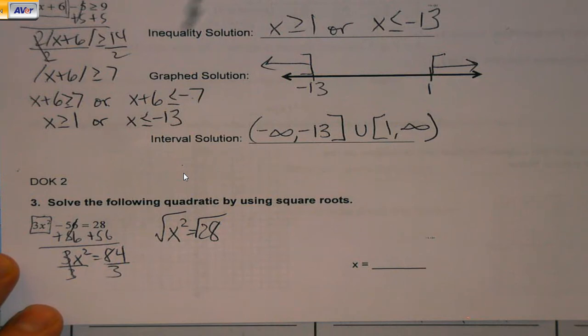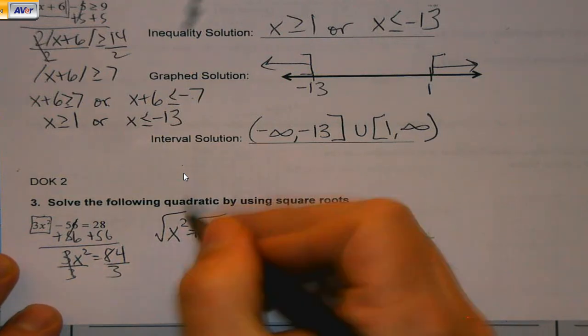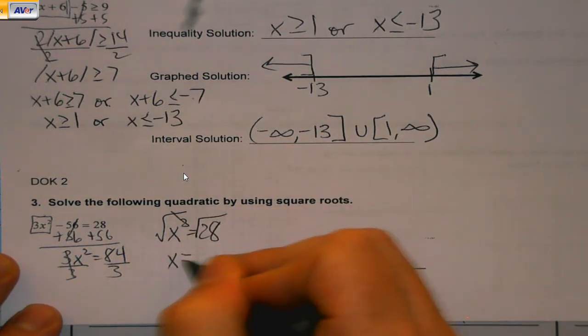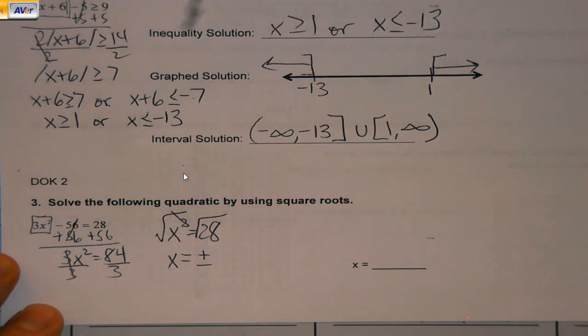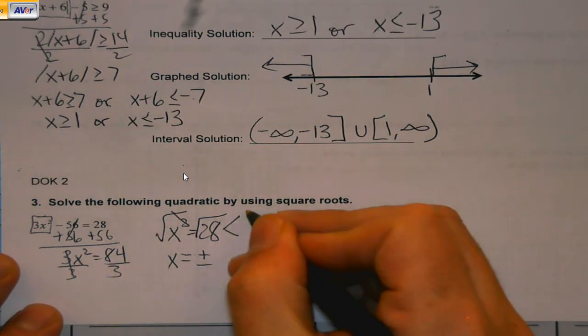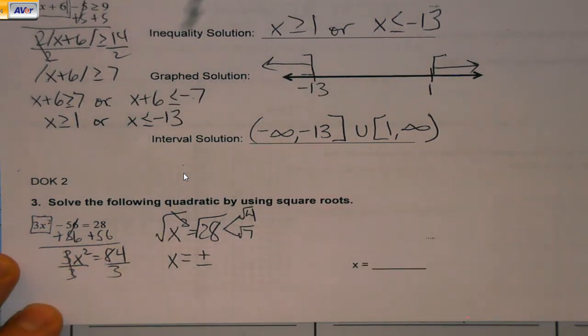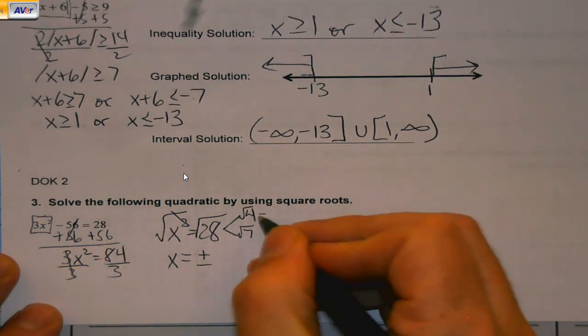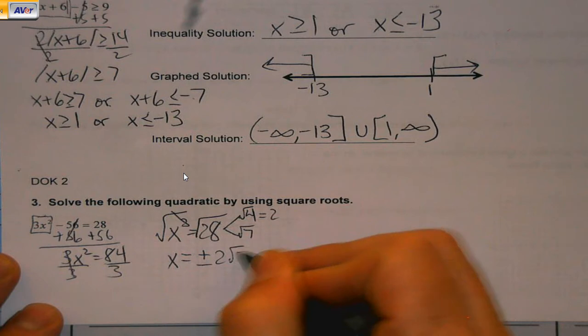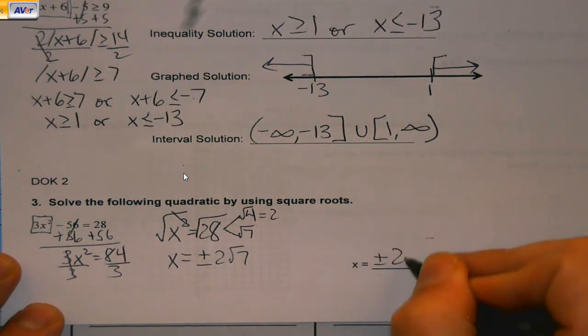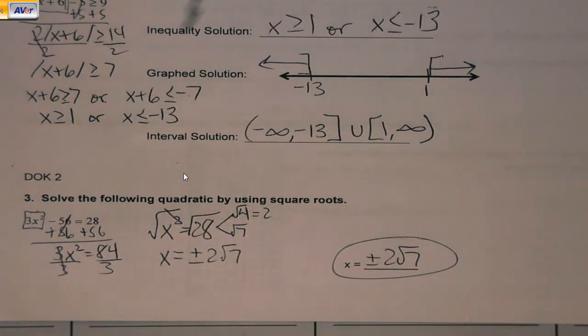Two things I need to remember. First, whenever I'm solving a quadratic, there would be two solutions, plus minus. Secondly, if the radical is able to be broken down, with one of my factors being a perfect square, I need to do that. And then I'm set.